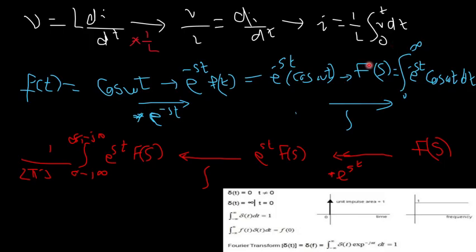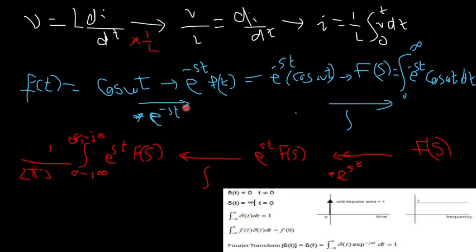This left-hand side would then equal the integration from 0 to infinity of the right-hand side, e to the minus st cosine omega t dt. So we apply the same operations, and this equation is 100% equivalent to the previous one.